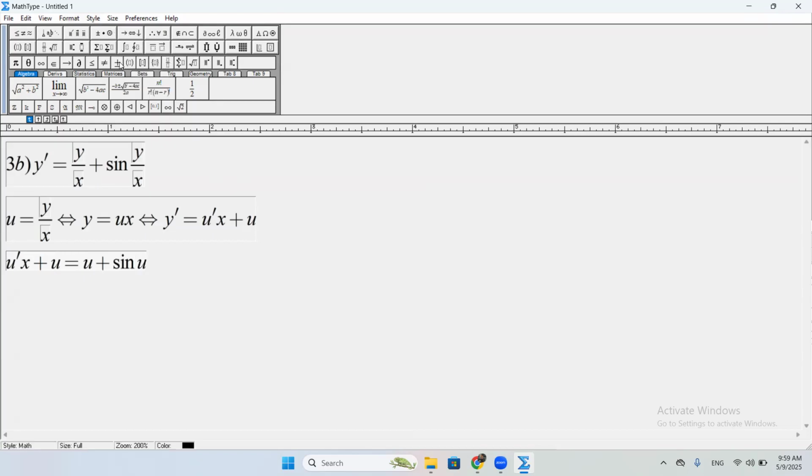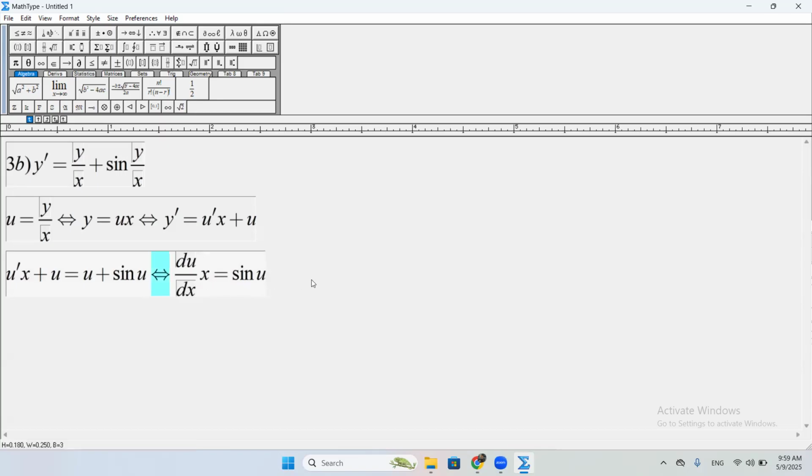So what can we simplify? So first of all, we will cancel u. So u prime x equals sine of u. And by the way, actually, let's write down our derivative as du by dx.